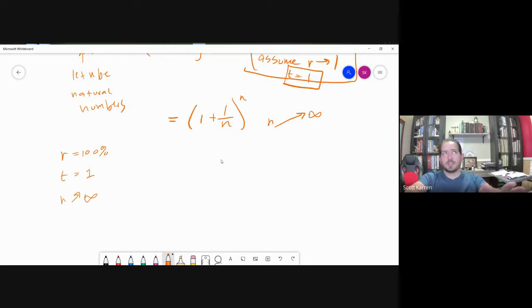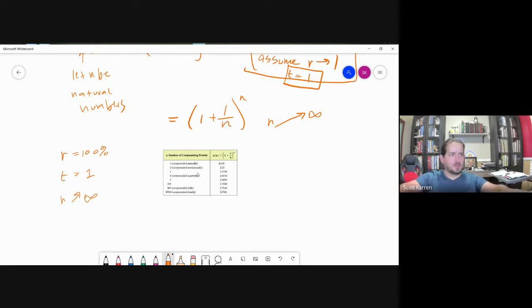So it seems reasonable that the more times I compound, the more money I'm going to get. And then the question was, is there some limit to this? If I compound every day, do I get more money than if I did it every other day? If I compound every second, if I compound 200 times a second, where do we land here?